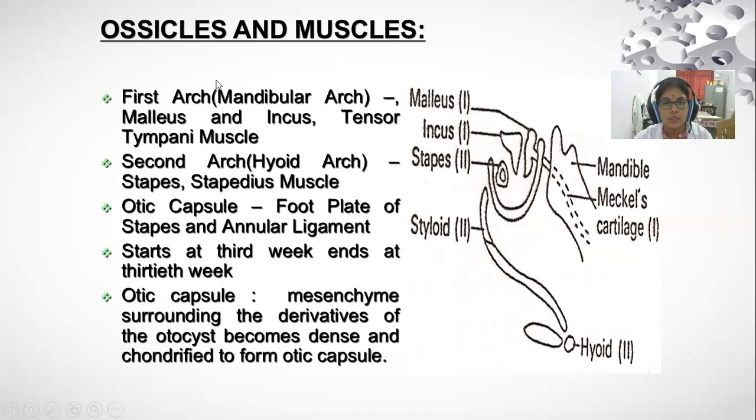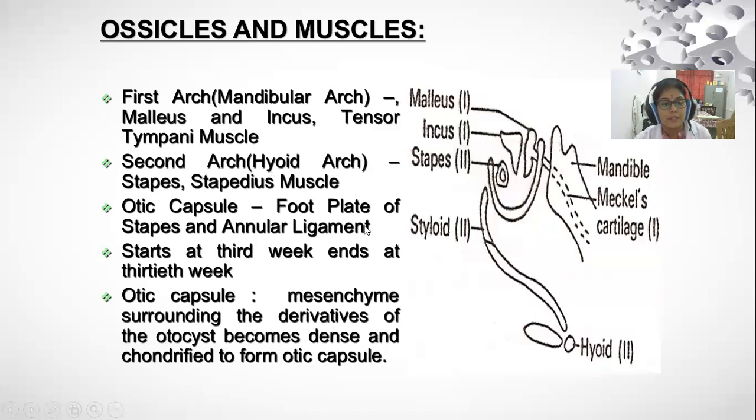Now, how are your ossicles and muscles developed? The first arch, which is also called the mandibular arch, will give rise to your malleus and incus and tensor tympani muscles. Your stapes and stapedius muscle are developed from your second arch, which is also called the hyoid arch.